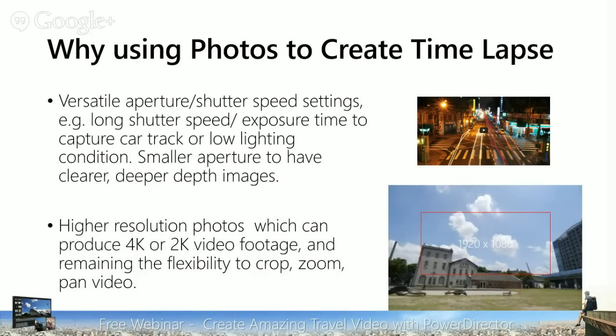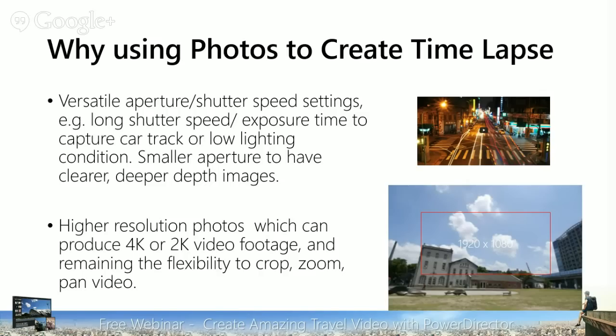The second reason is that photos usually have higher resolution compared to video. For example, a 2 million pixel photo is already higher than 2K resolution, not to mention that nowadays most cameras can take 10 megapixel or higher resolution photos.